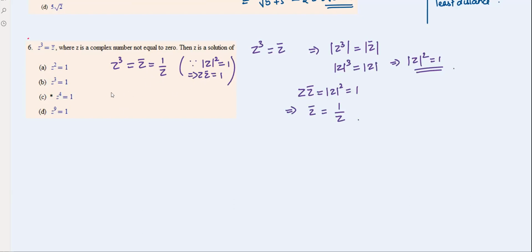Okay. So now, bring this z to the side, z power 4 equal to 1. So we have transformed this equation to this equation. So the solution for this equation, z cube equal to z bar, is same as the solution to this equation, z power 4 equal to 1.